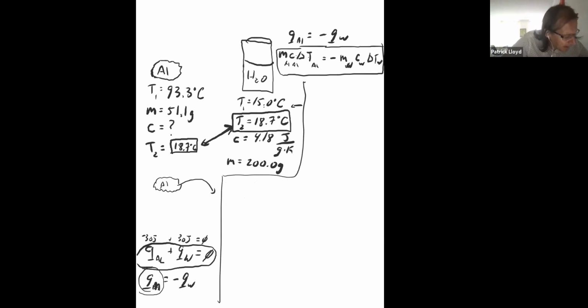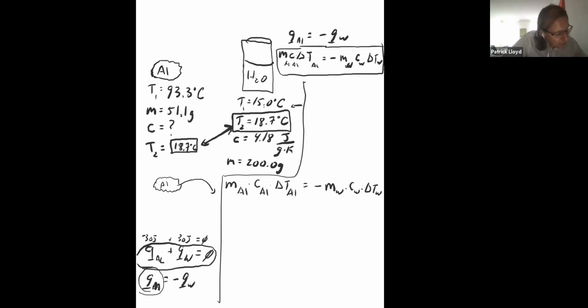I'm going to write this up here a little nicer. I have a little more room here. Mass of aluminum times specific heat of the aluminum times change in temperature of the aluminum equals minus mass of the water, specific heat of the water, delta T of the water.